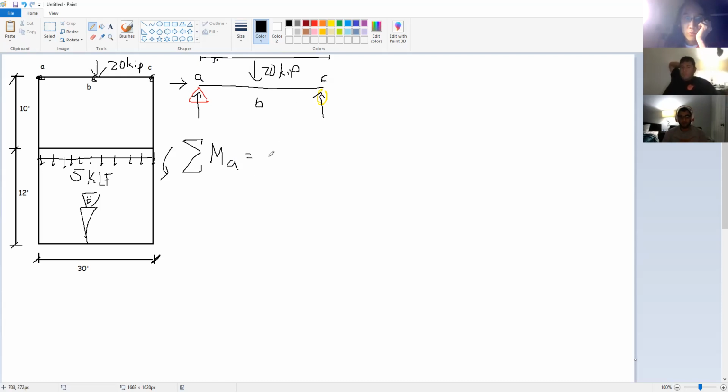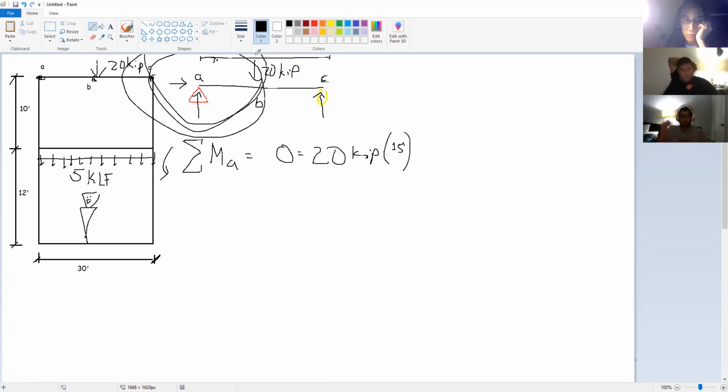So we have 0 equals 20 kips. How far away is that? 15 feet. And then is it positive or negative? Wait, no, at A. So it's going clockwise, negative.